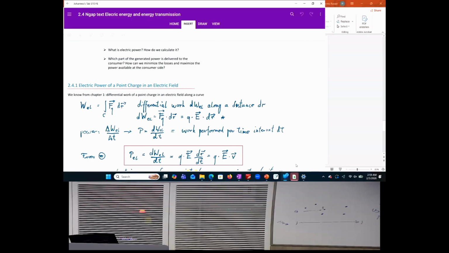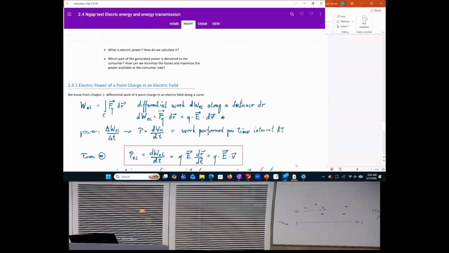And the force is related, we know the E field is defined as the force per charge due to the electrostatic force or the Coulomb force per charge. This is the E field, so Q times E and times the differential element here. That is our increment of the electric work that we have to perform when we move some charge.